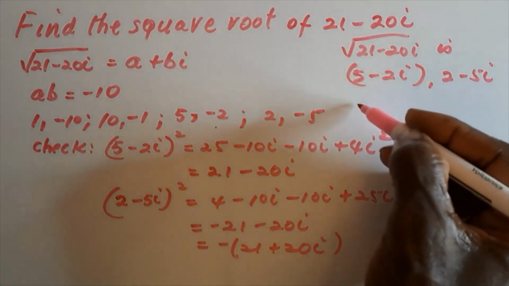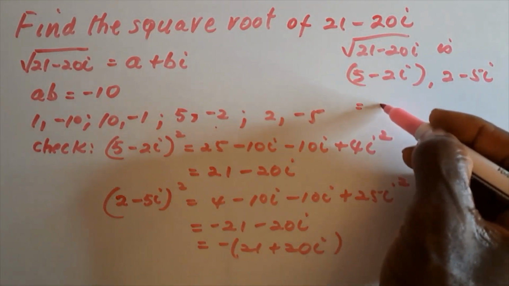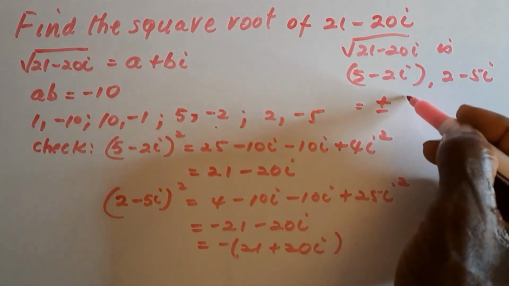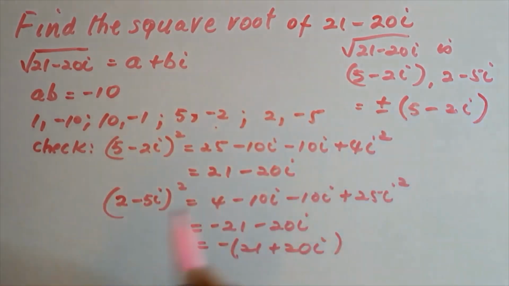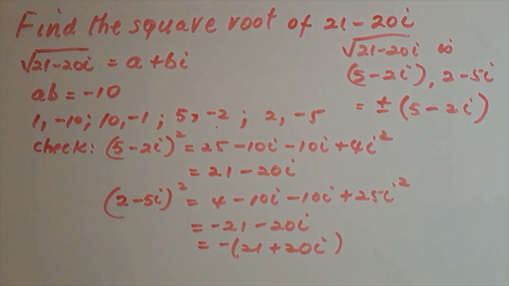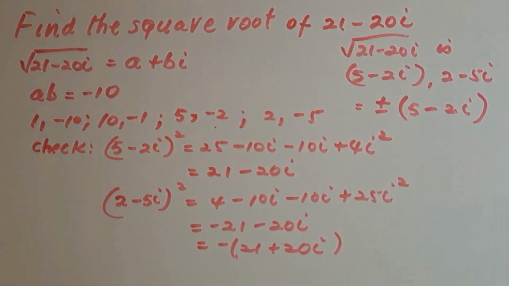We can write this neatly as plus or minus 5 minus 2i as our square root. Again, only works for integer values for a and b.